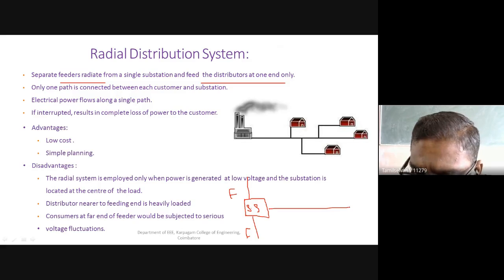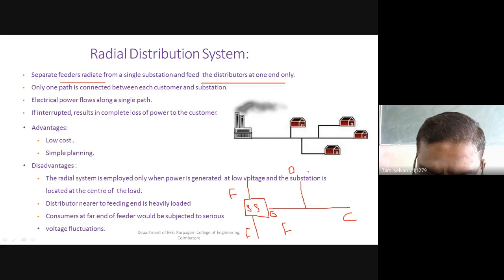So this is one feeder. I have taken this point as O, and this point as C, or maybe B, whatever. At this point a distributor is going to originate. From this feeder, one distributor will be there.